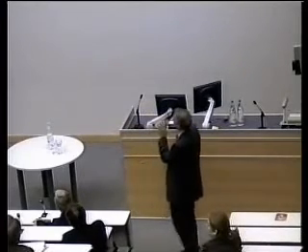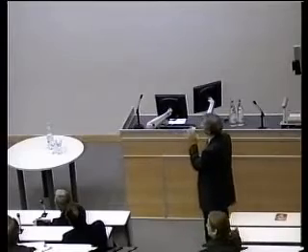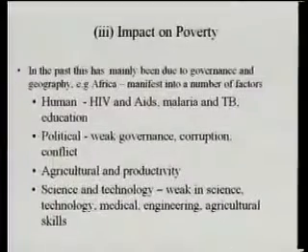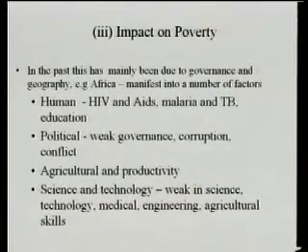There are real challenges and stresses within Africa: HIV, AIDS, malaria and TB, level of education, questions of governance and corruption, agriculture and productivity, and weakness in science and technology. And it has become rather unfashionable to point this out.